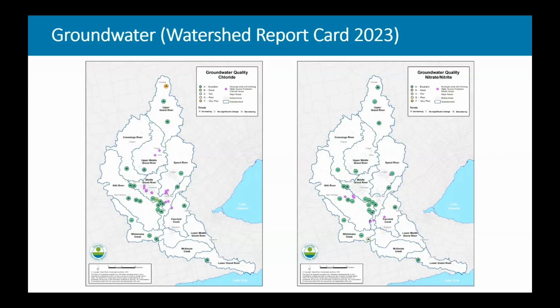Except that monitoring network kind of misses the point and some really important regional considerations, and those are those purple dots. So those purple dots are the municipal water supply wells that have identified nitrate issues. So this is the kind of challenge we sometimes face in using the data that we have to try to illustrate some of the challenges that we have in the watershed.